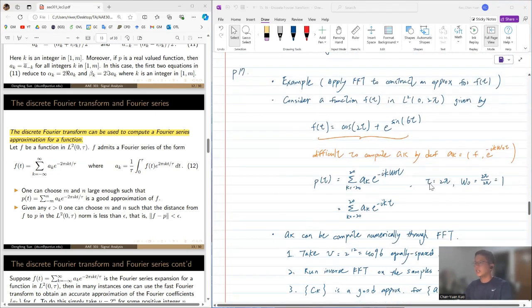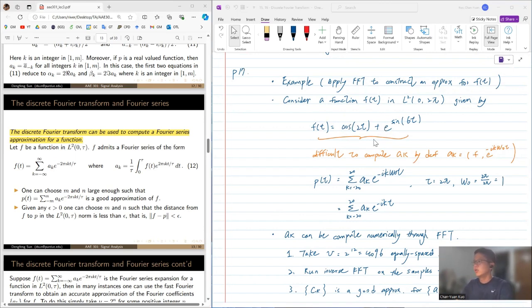Now let's take a look at an example. In this example, we will apply fast Fourier transform to construct an approximation for a function f of t. First, let's consider a function f of t in the Lebesgue space L squared with the interval from 0 to 2 pi. This function is given by cosine of 2t plus e to the power of sine of 6t.